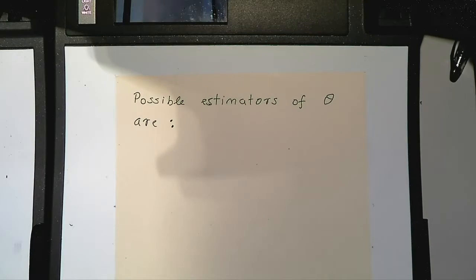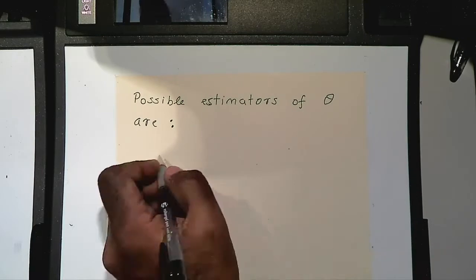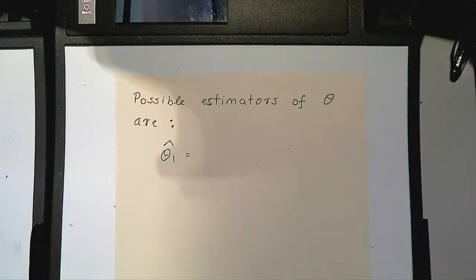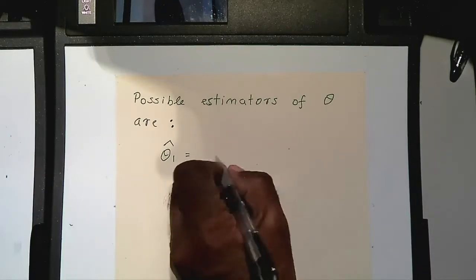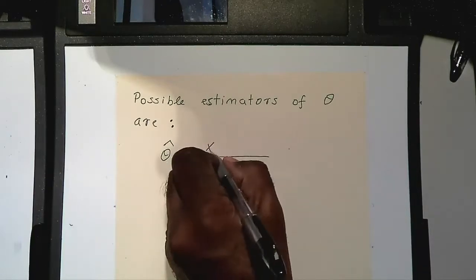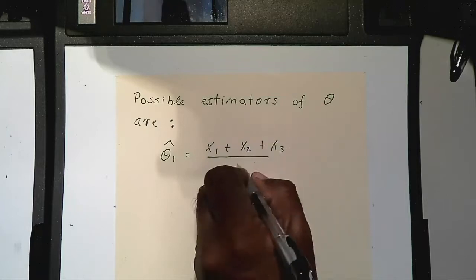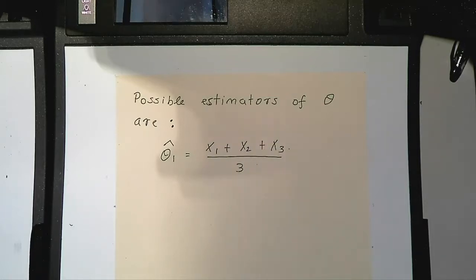Now, you have only 3 data points. So one possible estimator for theta could be you add the 3 numbers and divide by 3. That's one possible. Any other possible? Can you guys think of other possible estimators?